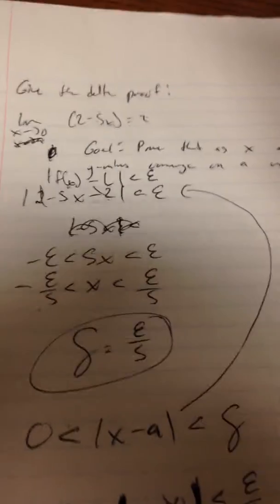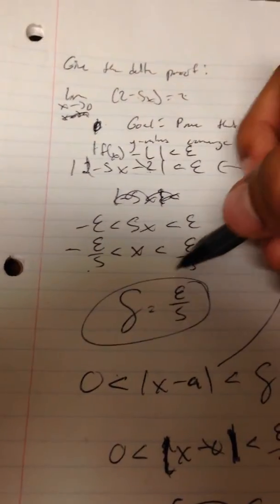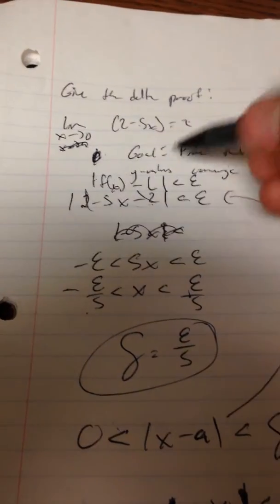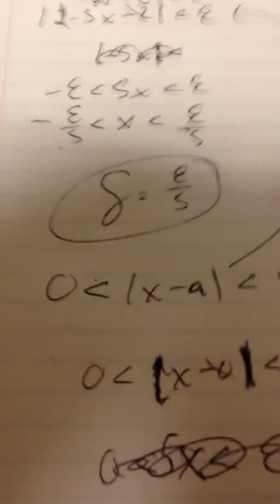Now to make sure that this is working, I have to prove it backwards. So we're going to work from this way upwards back to the original absolute value of 2 minus 5x minus 2 less than epsilon. We're going to start with our x minus a, and in this case it's the limit as x approaches 0, so a here is 0. That's the a, it's x approaches a.